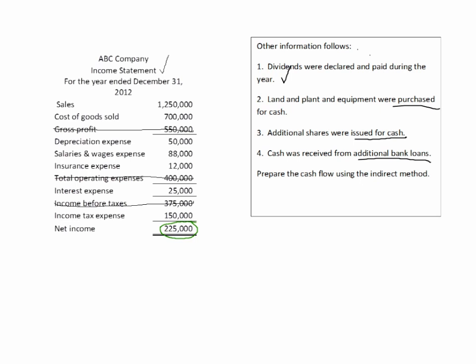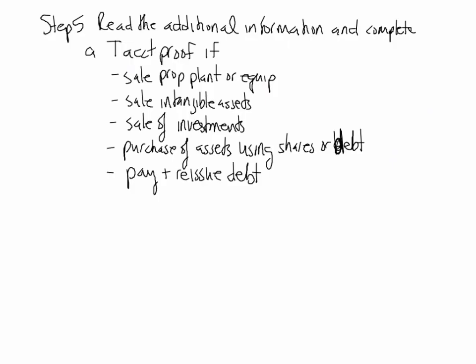What is an example of a pay and reissue debt? So wait one second. I'm going back to that page. A pay and reissue debt is when a company repays their debt. So let's say they have $10,000 outstanding with the bank. They pay the $10,000 off, and so their debt goes down to zero. And then they reissue a debt, and let's say they take out $15,000. So IFRS and ASPE require you to show both of those things.